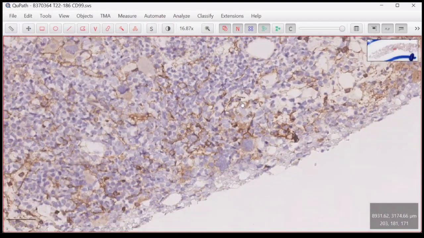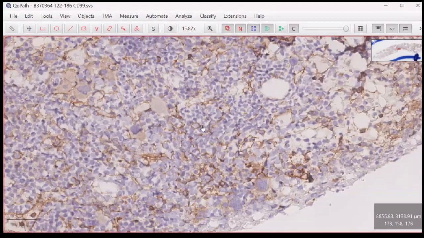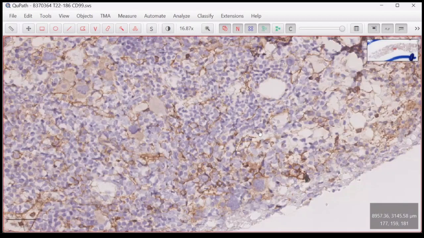Here you have very occasional cells with complete cytoplasmic staining. For example, this is one. This is one. There are not many actually.